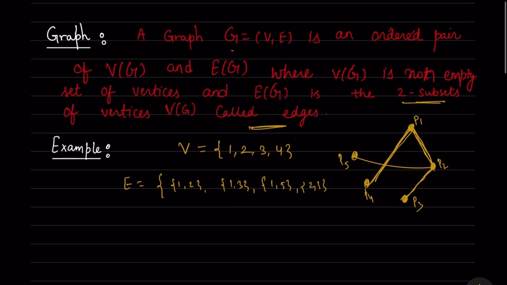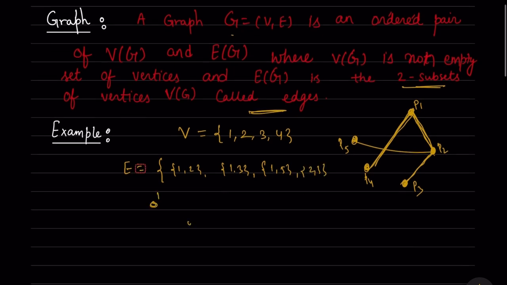These are the vertices. 1 2 means there is an edge between 1 and 2. 1 3 means there is an edge 1 3. 1 5 means there is an edge between 1 and 5. Next 2 3, and if we write 3 4, this is also an edge 3 4.